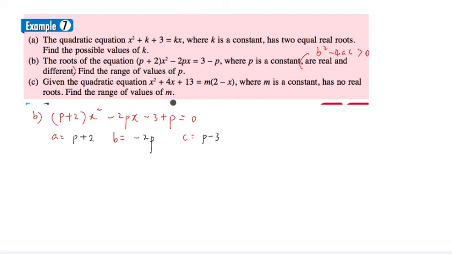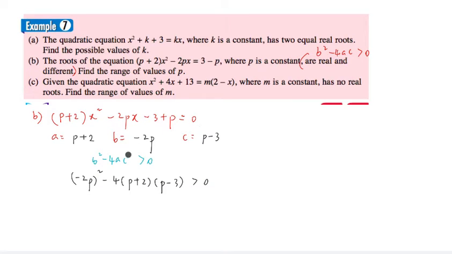Now I will start with b squared minus 4ac more than 0, because the question gave it. This is how you start: b squared minus 4ac more than 0. And then we just substitute the values: b squared minus 4ac more than 0.